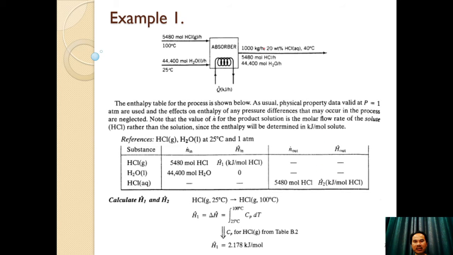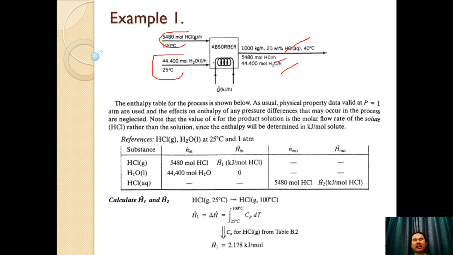It's 1,000 kilograms per hour, 20% HCl. You get HCl, you get water, and that means you can balance the mass of input water and input HCl. This is balanced because there is no leak, no accumulation, no reaction, only mixing in this case.